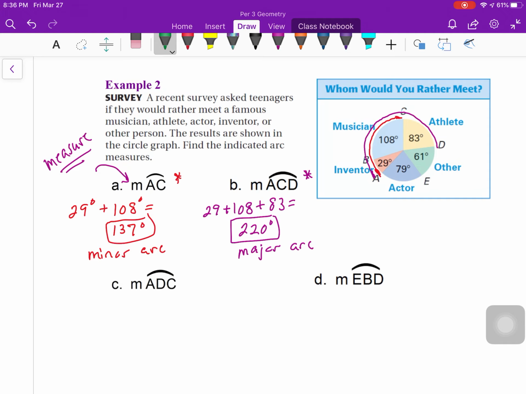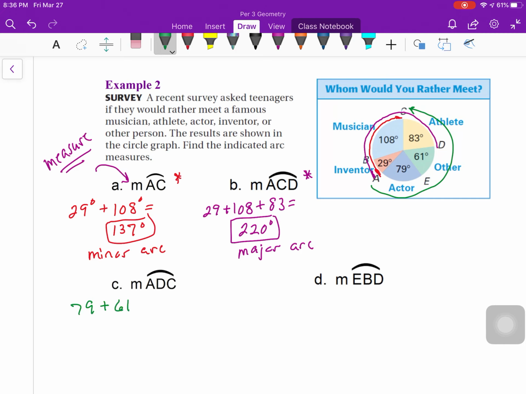We have a couple more here to do. The arc from A through D to C. Now, it specifies we have to start at A, then go through D, and then, oh, my mistake. If we start at A and we go through D to C, we have to go this direction.